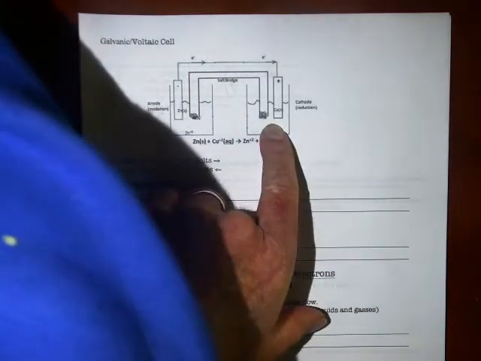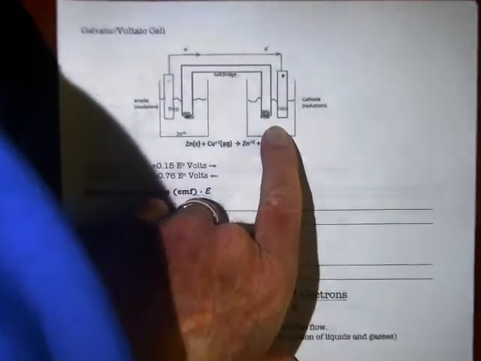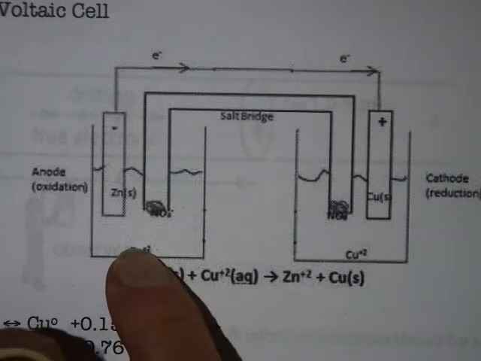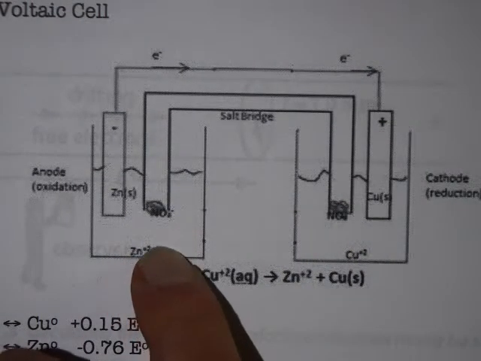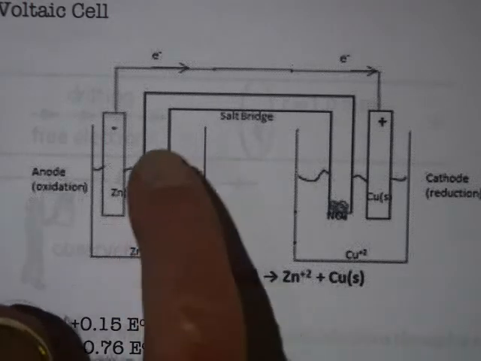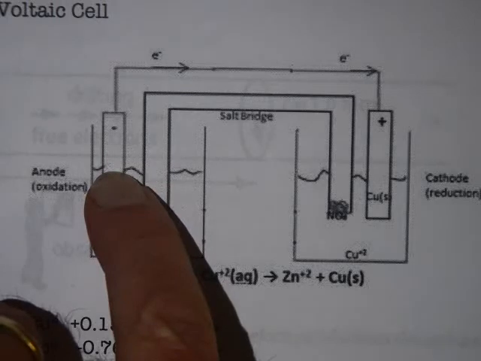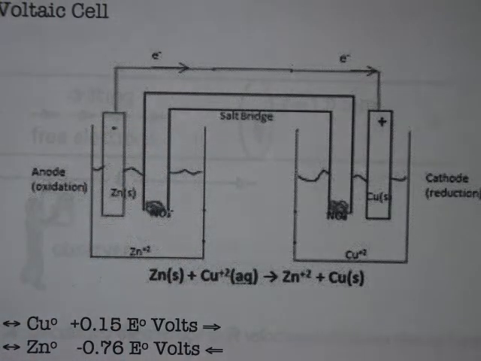And then this one here could be, say, zinc nitrate as well. We have a zinc electrode as well.